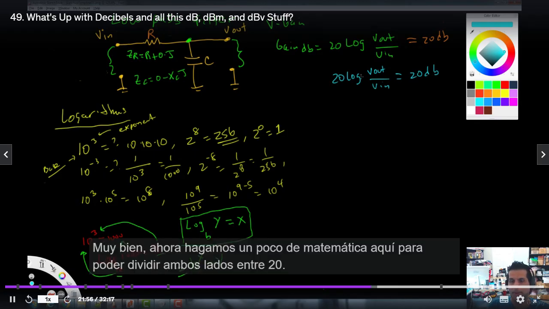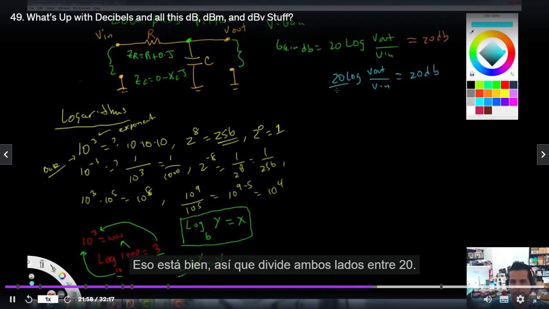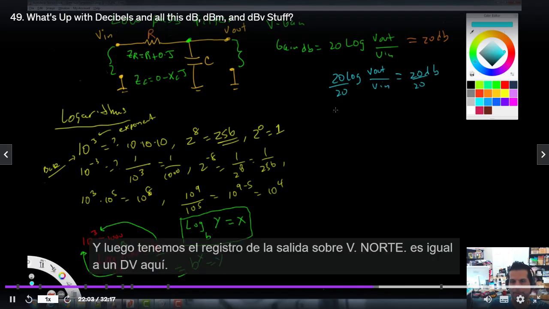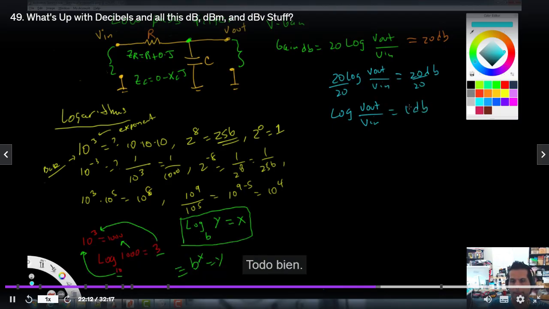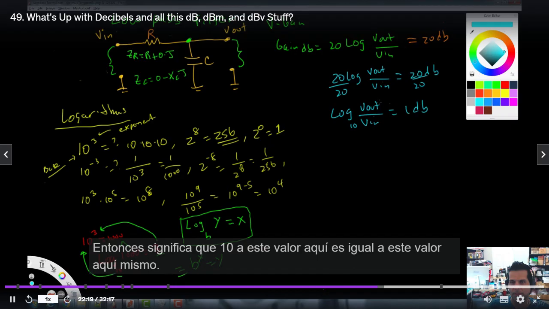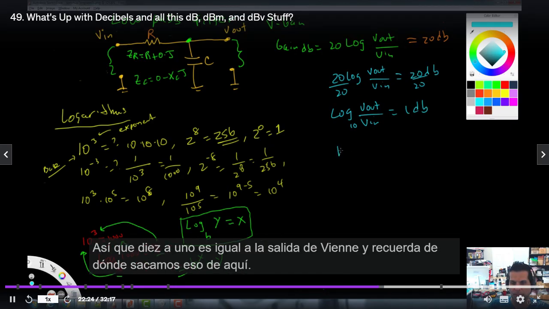We divide both sides by 20, they cancel out, and we have the log of V out over V in equals 1. But what does this really mean? There's really a base 10 here. So 10 to this value equals this value right here. So 10 to the 1 equals V out over V in.